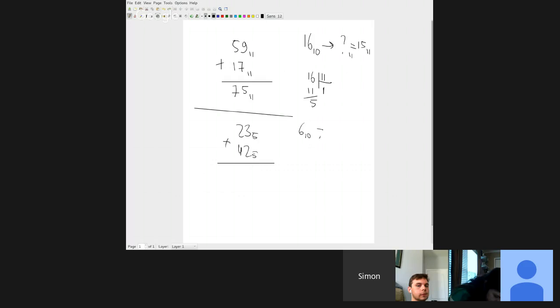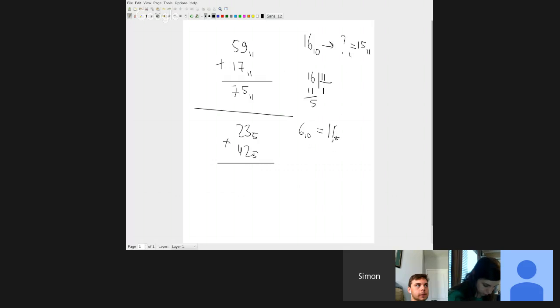What will that be in base 5? Actually, it will be 11. So it will be 11 base 5.